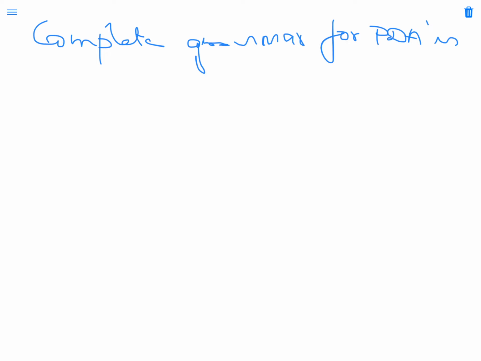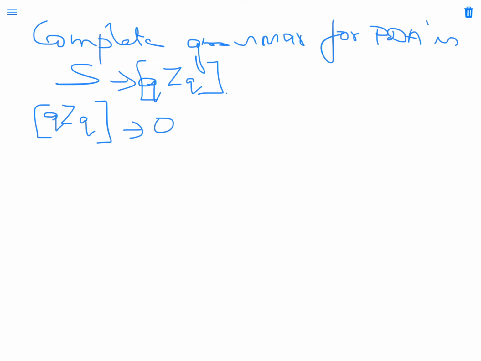You have to write the set of productions, that is S gives [qZq]. What you have to keep in mind is that the non-terminals should be enclosed within square brackets. Only the start symbol S is not enclosed in square brackets. The other things we have inserted as new non-terminals will be enclosed in square brackets. [qZq] gives 0 [qAq].